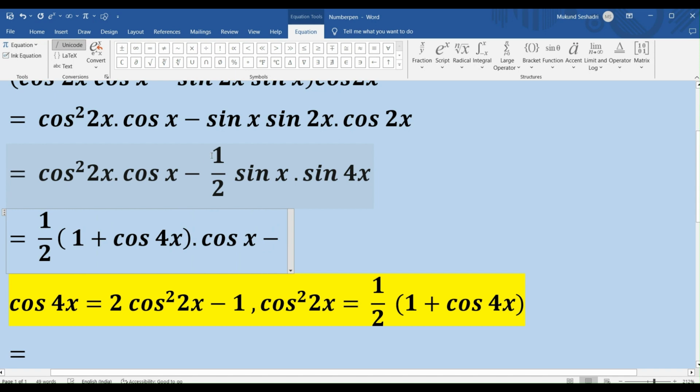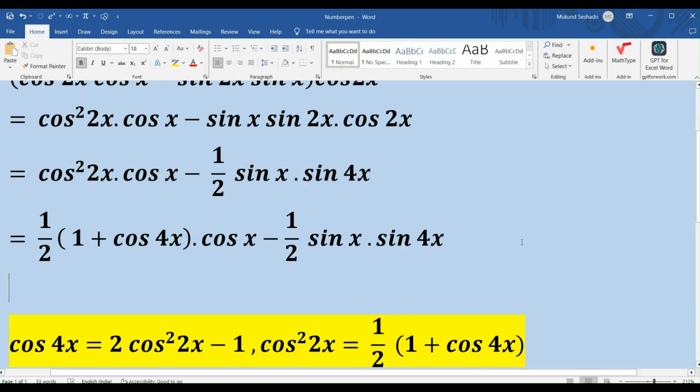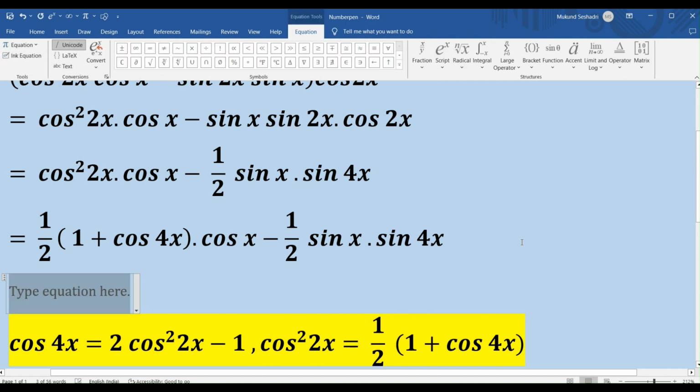Minus half of sine x into sine 4x, right?